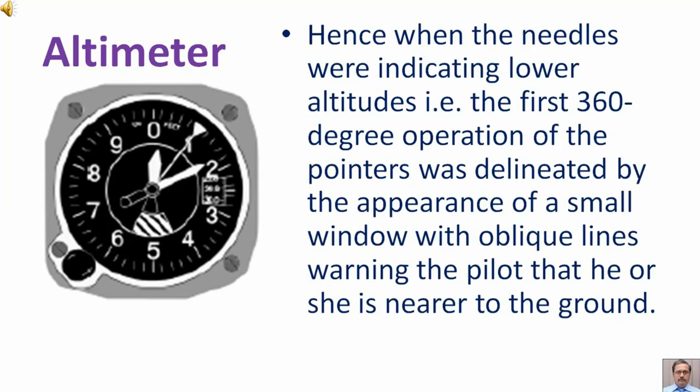Hence, when the needles were indicating lower altitudes, that is, the first 360-degree operation of the pointers was delineated by the appearance of a small window with oblique lines warning the pilot that he or she is nearer to the ground.